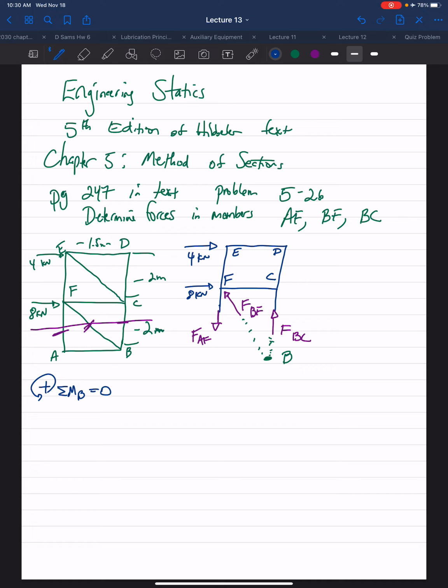So the 4 kilonewton force and the 8 kilonewton force cause clockwise rotations about point B, and FAF causes counterclockwise rotations about point B.